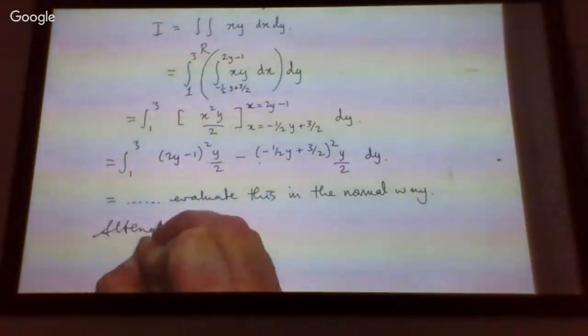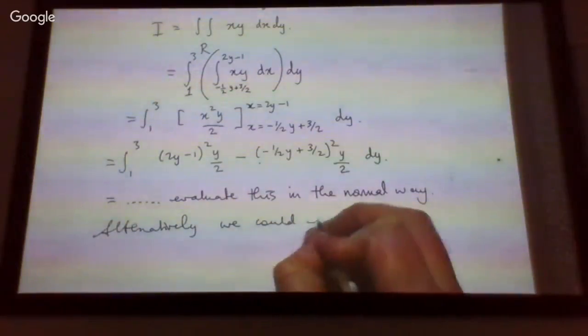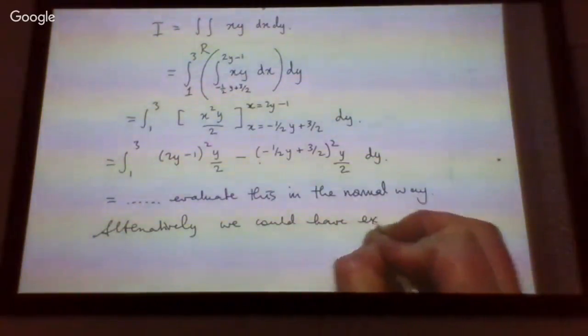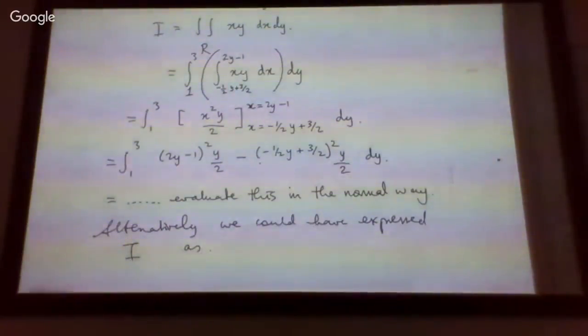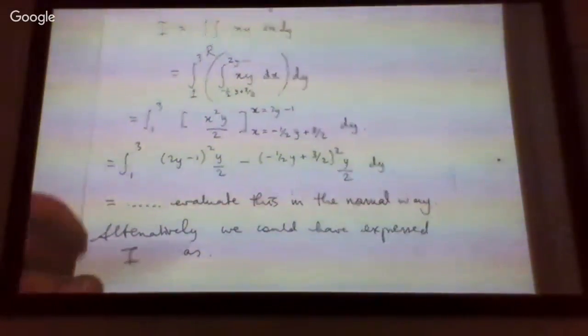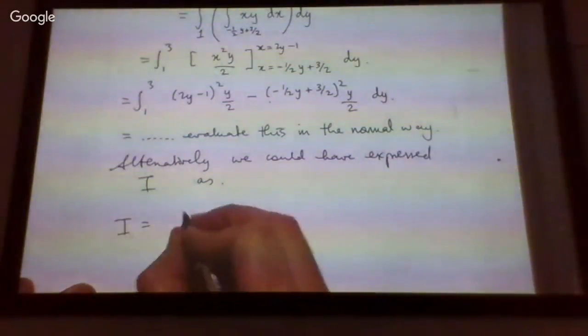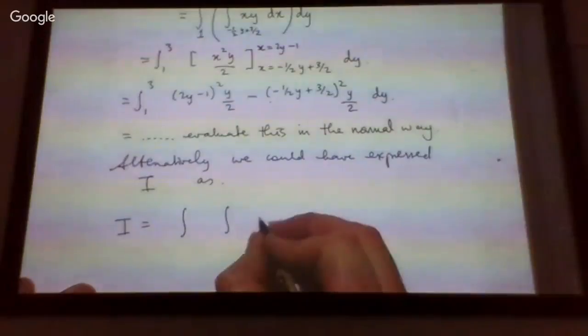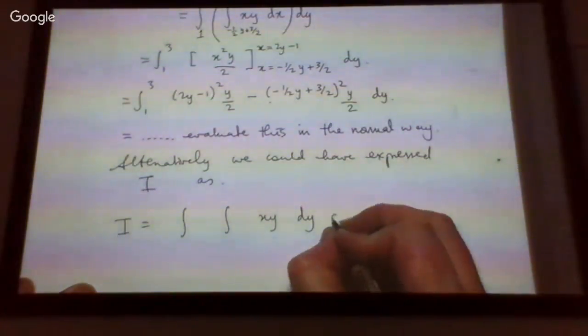Alternatively, we could have expressed I as the following. So I is the double integral. So I'm integrating x times y, and now I'm going to make y the inner integral and x the outer integral.